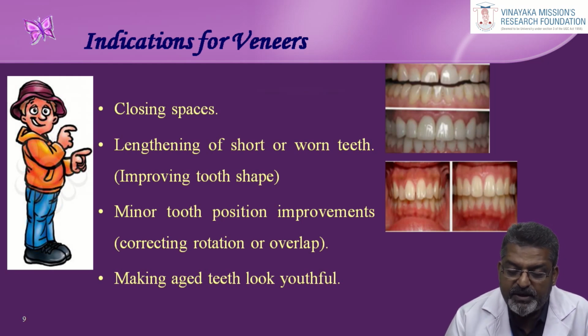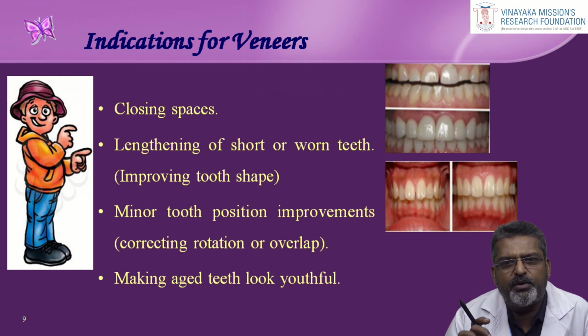Here again in this picture you can see the amount of tooth exposure is minimal, whereas for this particular patient, if the patient is expecting a much longer tooth, then it can be corrected.